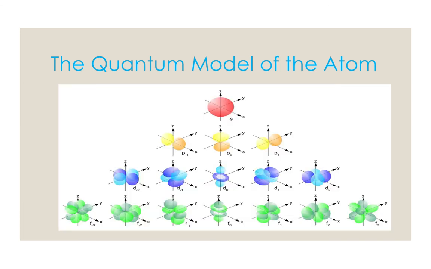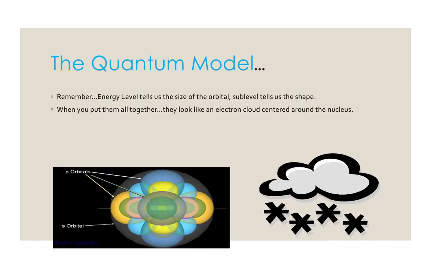So here's a map of all of our different sublevels together, right? Here's our s sphere, 1 orbital that holds 2 electrons. Our p propellers, 3 orbitals that hold 6. D orbitals hold 10. F orbitals hold 14 altogether, 2 electrons per orbital.